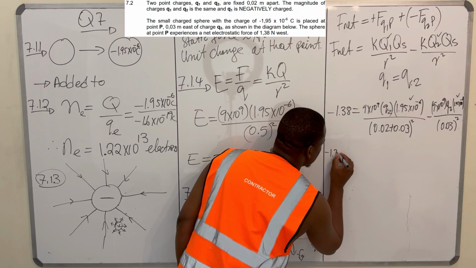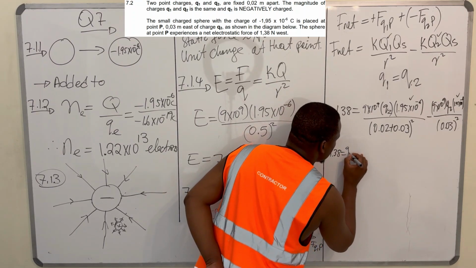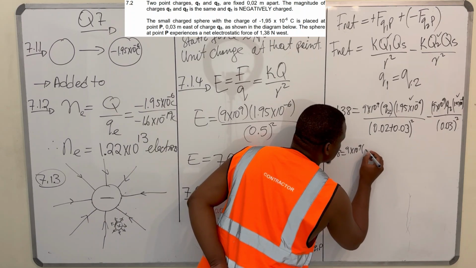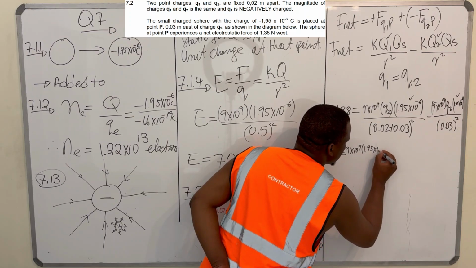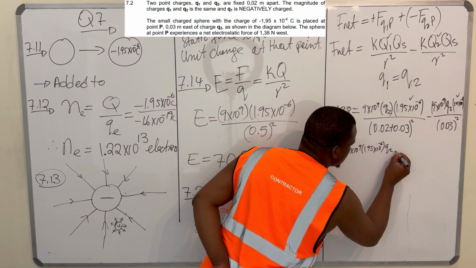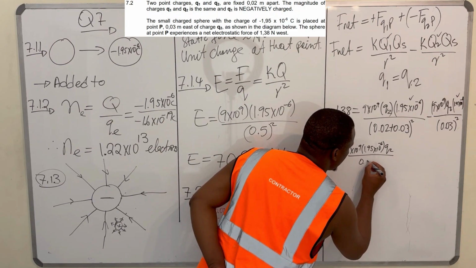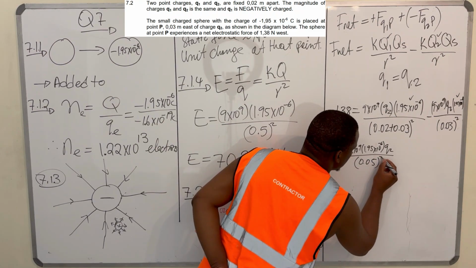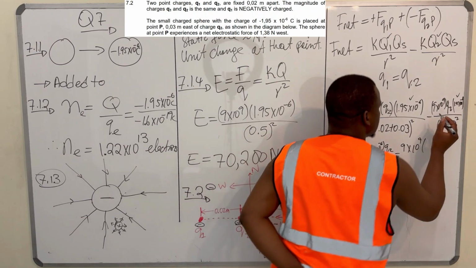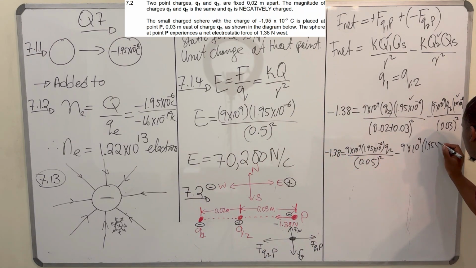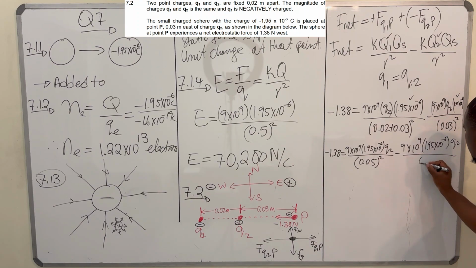So we have minus 1.38 is equal to 9 times 10 to the power 9 times 1.95 times 10 to the power minus 6 Q2, all divided by 0.05 all squared, minus 9 times 10 to the power 9 times 1.95 times 10 to the power minus 6 times Q2, all divided by 0.03 all squared.